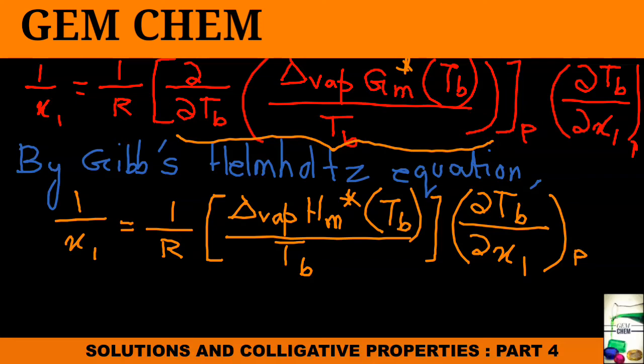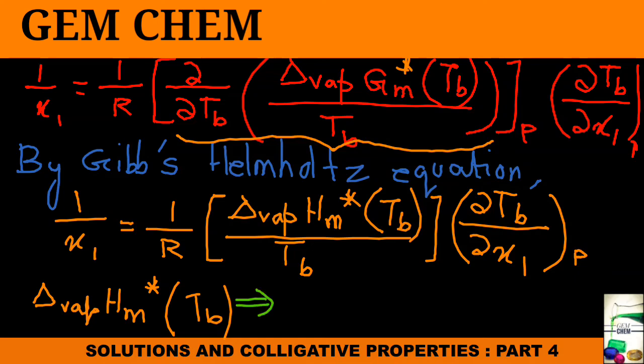Next, the molar enthalpy which we are seeing here, delta vap Hm star at Tb, is actually dependent on temperature. It depends on the boiling point, Tb.